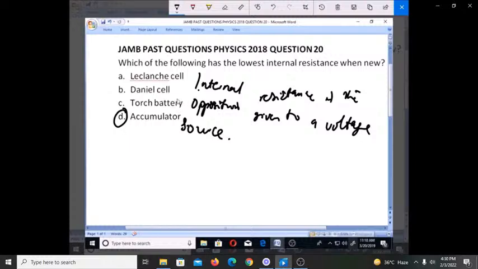So it's most likely going to be the one that has the least internal resistance. Because Leclanche cell and Daniell cell are smaller versions of battery cells, even the torch battery. But the accumulator is what you use in big automobiles and in houses. So D is the correct answer for this.